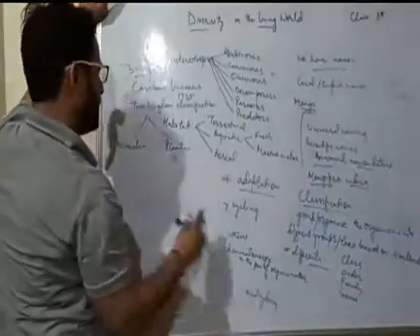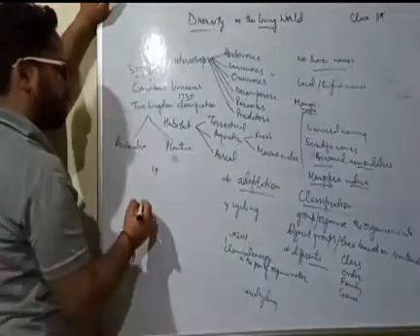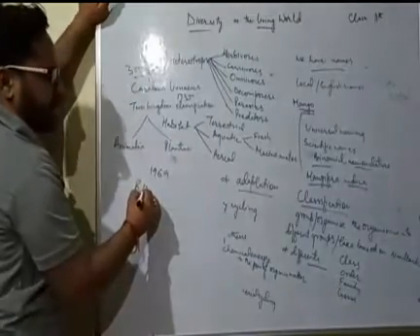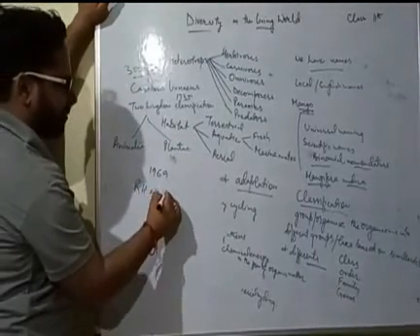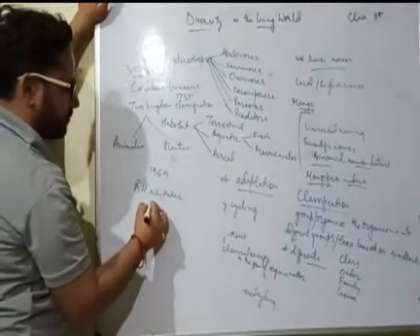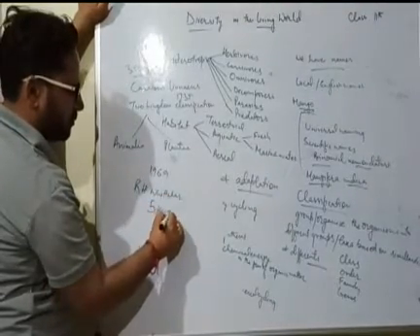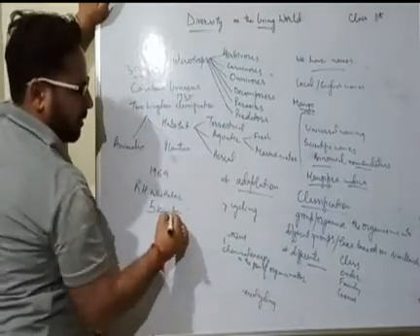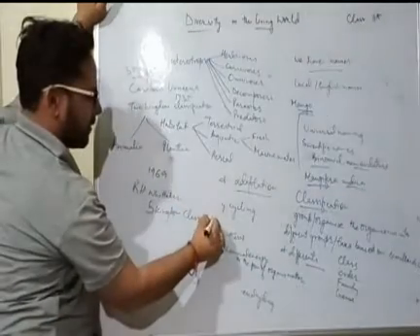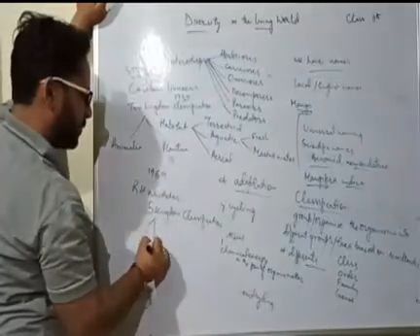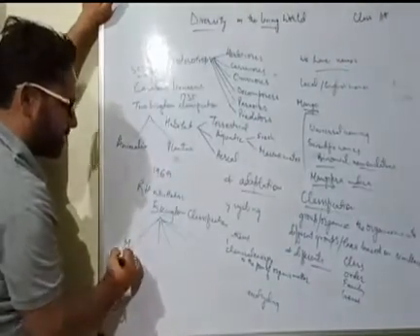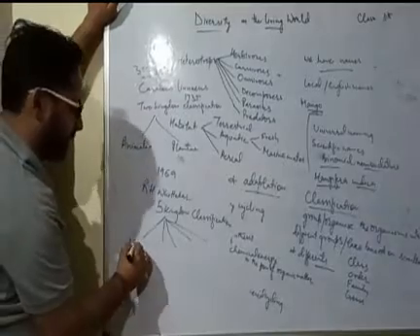So, in the year 1969, the scientist R.H. Whittaker gave a 5 kingdom classification, where the whole of the biological world was divided into 5 kingdoms which were universally accepted.